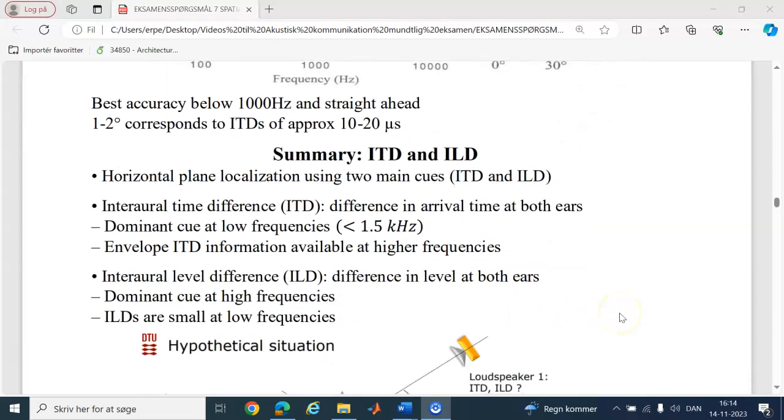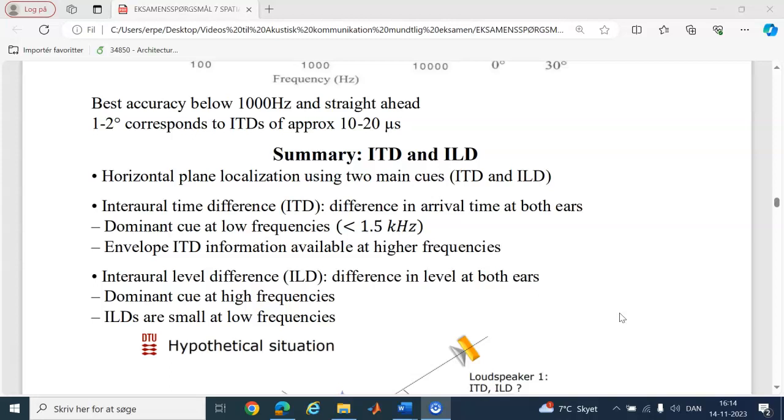Summary: ITD and ILD. Horizontal plane localization uses two main cues, ITD and ILD. Interaural time difference, ITD, is the difference in arrival time at both ears, a dominant cue at low frequencies, less than 1500 Hz, with envelope ITD information at higher frequencies.